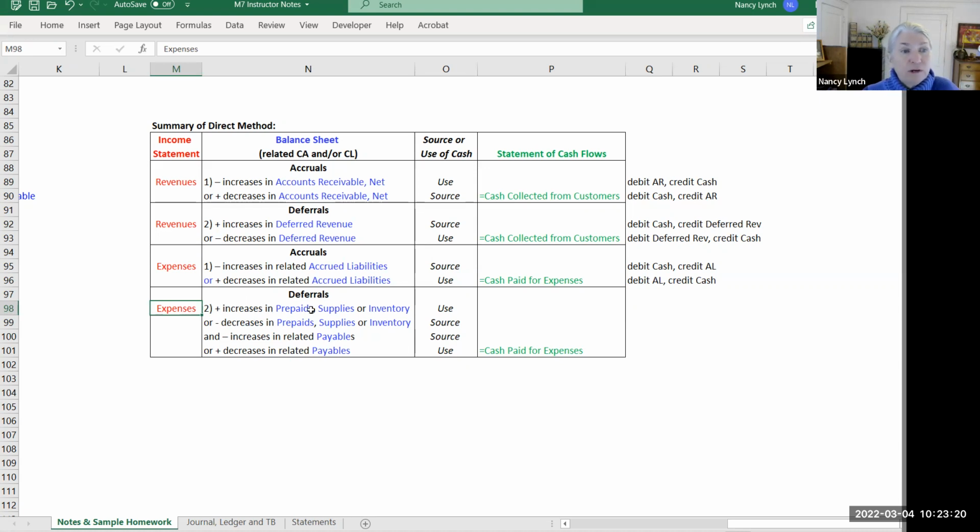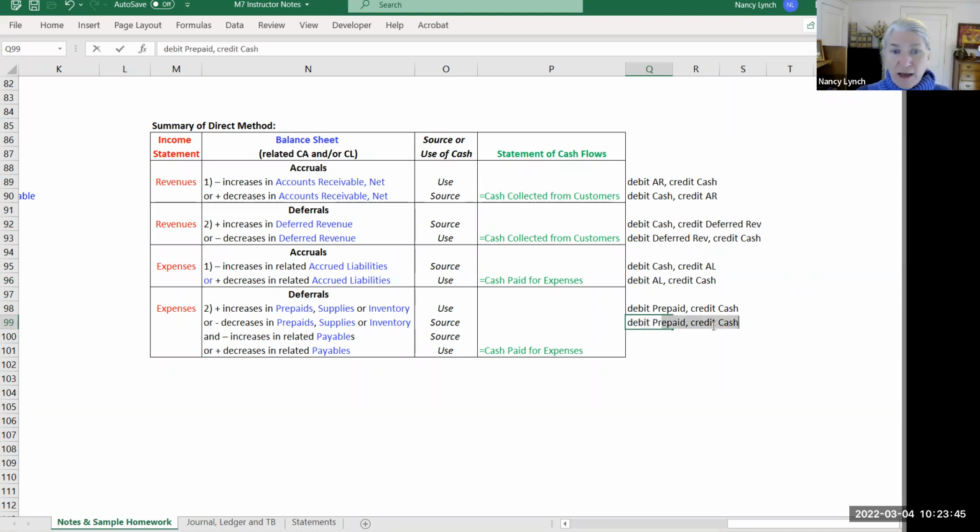And if there's an increase in prepaids, that's a use of cash, because if you think about it, to get a prepaid to go up, and actually to get any of these to go up, is a use of cash, because instead of having more cash, you have more of this current asset. So the effect would be a use of cash. Opposite if it goes in the other direction.